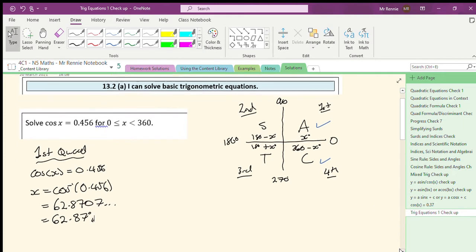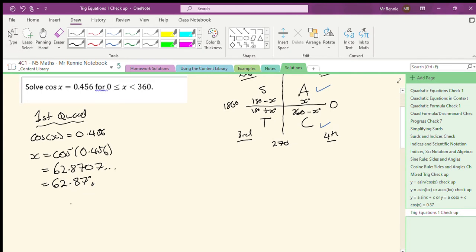I now need to work out what it is in my fourth quadrant. I don't need to do all the working again, I just need to remember what the rule is in the fourth quadrant. The rule means I do 360 take away my answer x, so that's 360 minus 62.87, which gives me an answer of 297.13 degrees.